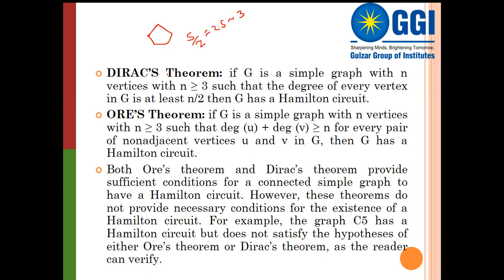So Dirac's theorem is only the sufficient part; it is not necessary. Similarly, if we apply Ore's theorem, this vertex and this vertex are not adjacent. Here the degree is 2, here the degree is 2, and 2 plus 2 is 4, but according to this theorem, the degree of u plus v should be greater than or equal to n. So we do not have any strong result to check whether a particular graph has a Hamilton circuit or a Hamilton path.